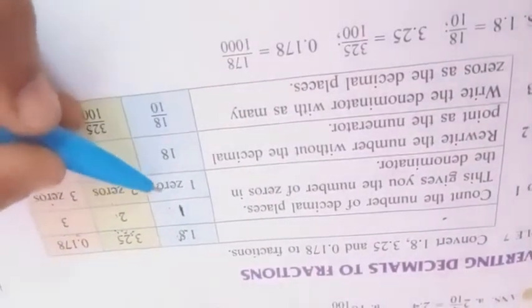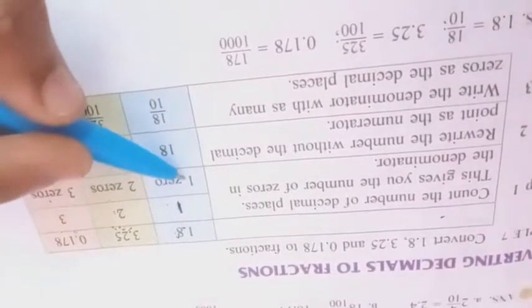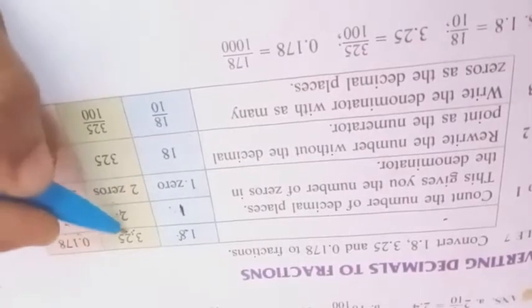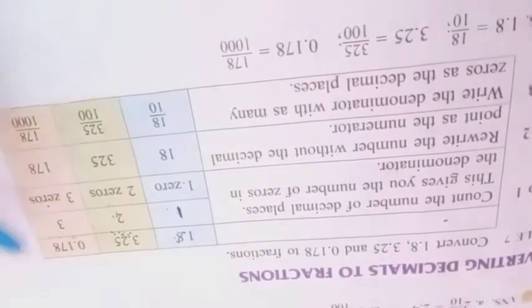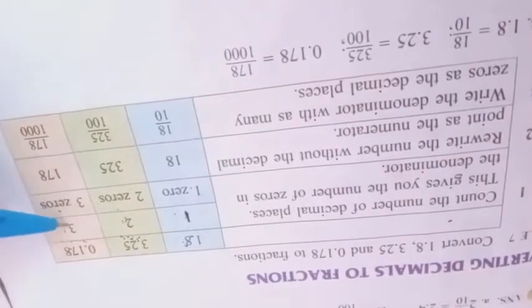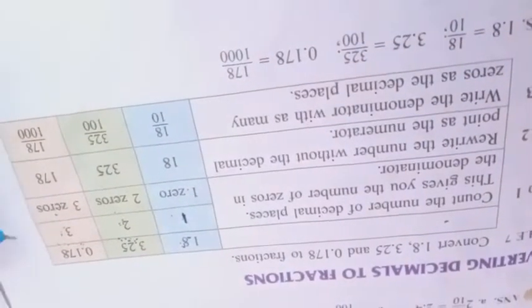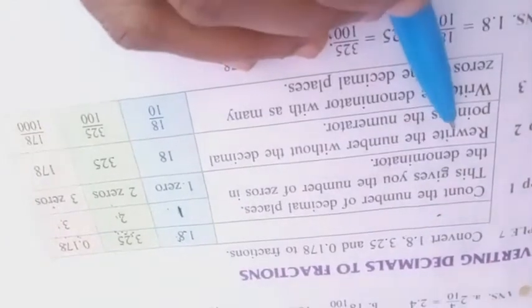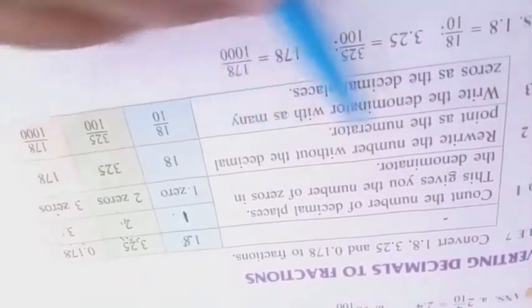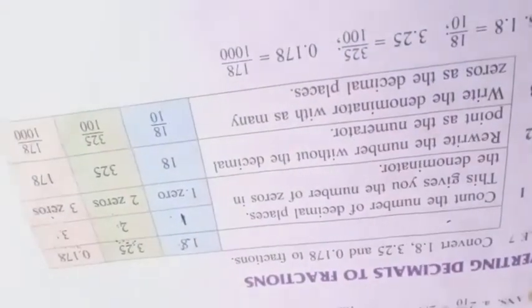If it is 1 number after the point, we have to write here one zero. If it is 2 numbers after the point, we have to write 2 zeros. If it is 3 numbers after the decimal point, we have to add here 3 zeros. So the next step, step number 2, rewrite the number without the decimal point as the numerator.